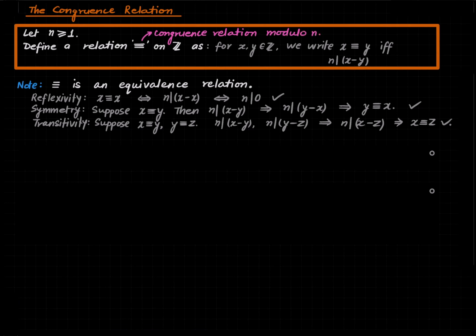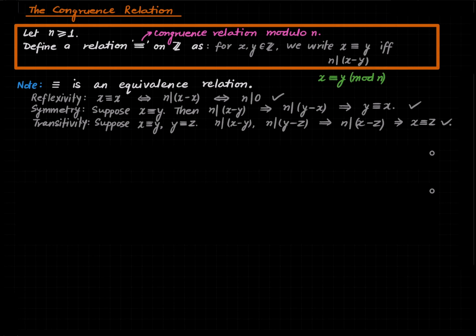And one more very important point: instead of just writing x congruent to y, because this relation is sensitive to n, and in this notation we haven't captured the role of n, this will be written in this fashion. To say that x and y are related under the congruence relation mod n, we notationally write it this way.